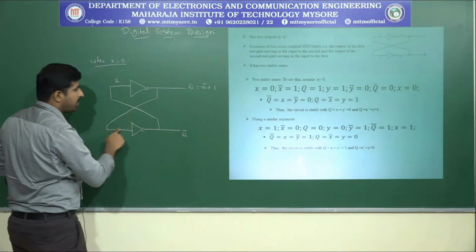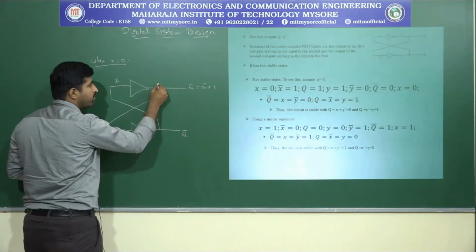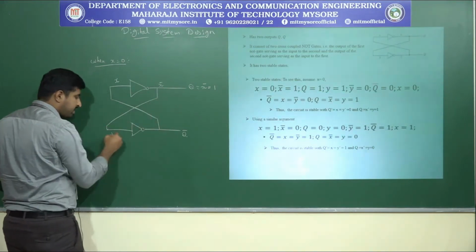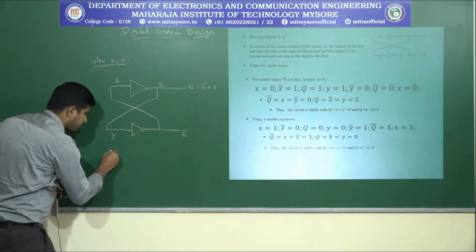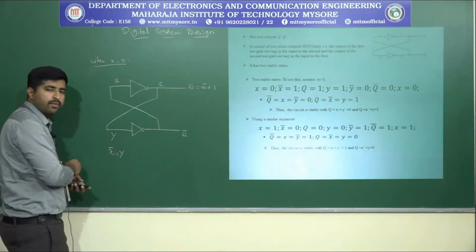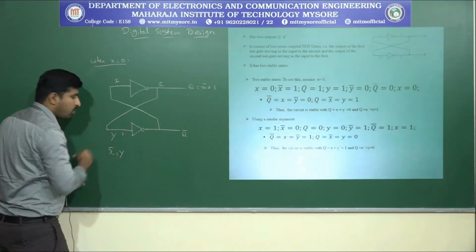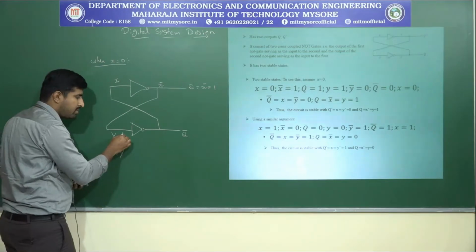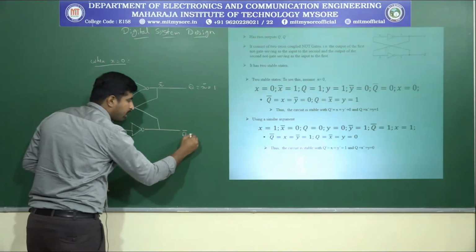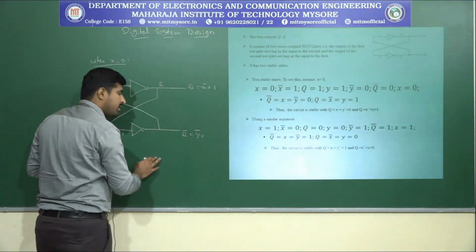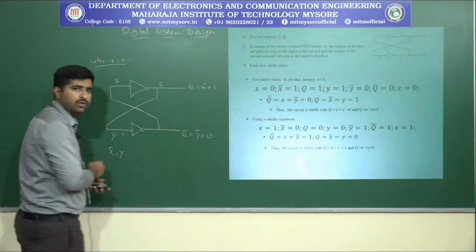Since it's cross coupled, whatever you give here will act as input, so X bar equals Y, and this is 1. So Q bar will be the Y complement, which is again 0.